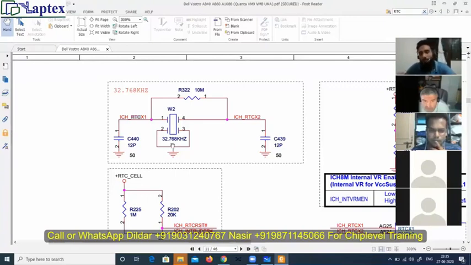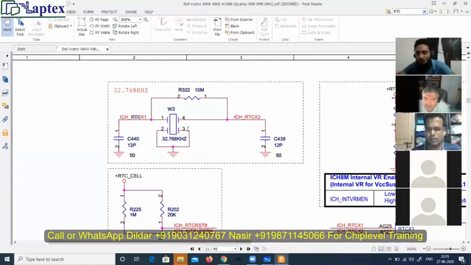Then what I did was remove this one and put another crystal. It was working fine. But my question was, how was SUS ON coming? IO had not fulfilled all the requirements, but still SUS ON was coming. If you have not gone through the IO requirements, you will not understand the curiosity of this problem.